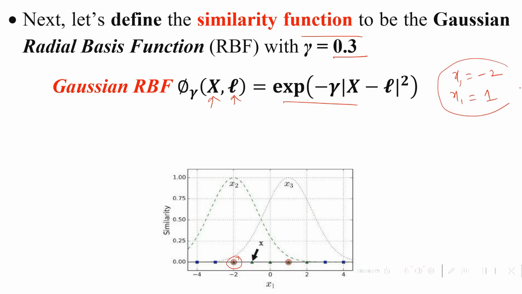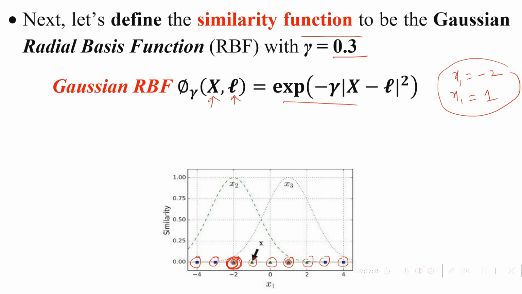On the basis of these landmarks, we are going to find the distance to the other variables. We are finding the similarity between this landmark with respect to minus 4, minus 3, minus 2, minus 1, 0, 1, 2, 3 and 4, like that.